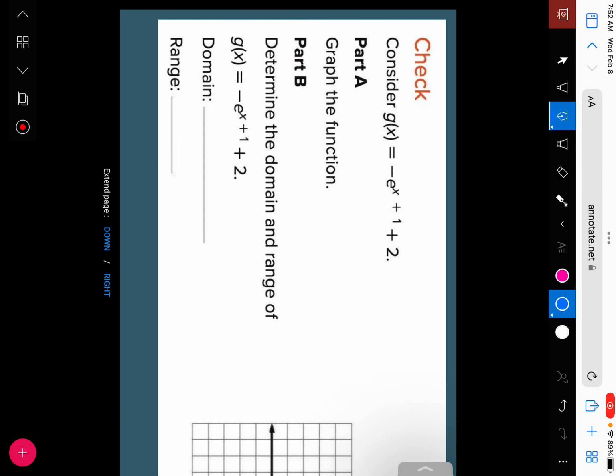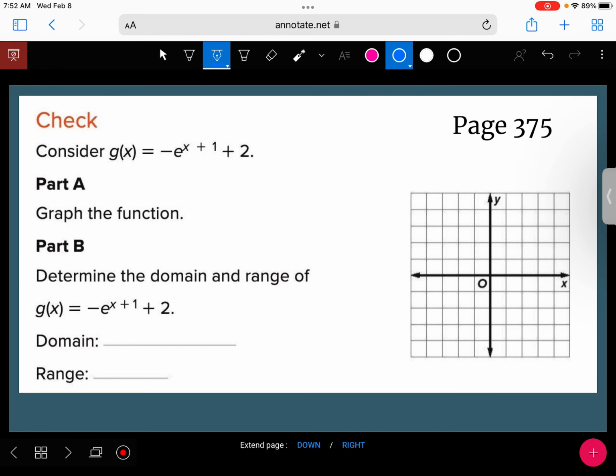Same page, 375. Oh no, not same page, sorry. The top of 375. We're just looking at the check. Since we only have a few minutes, we're gonna walk through it together real quick. We're gonna graph the function. Actually, I think we'll save this for Friday morning. Does that sound okay?